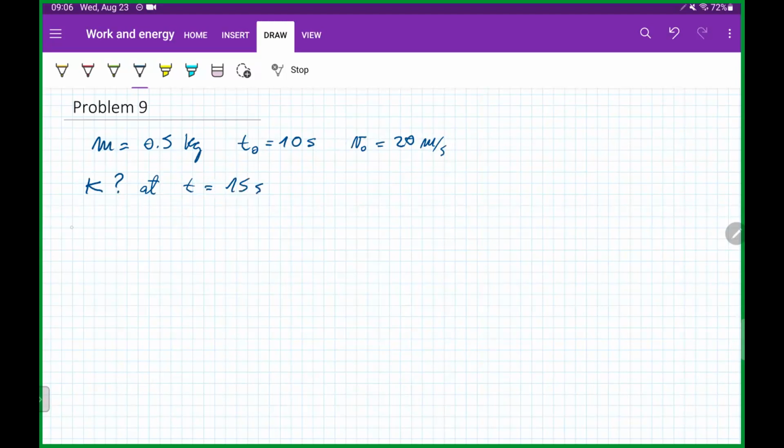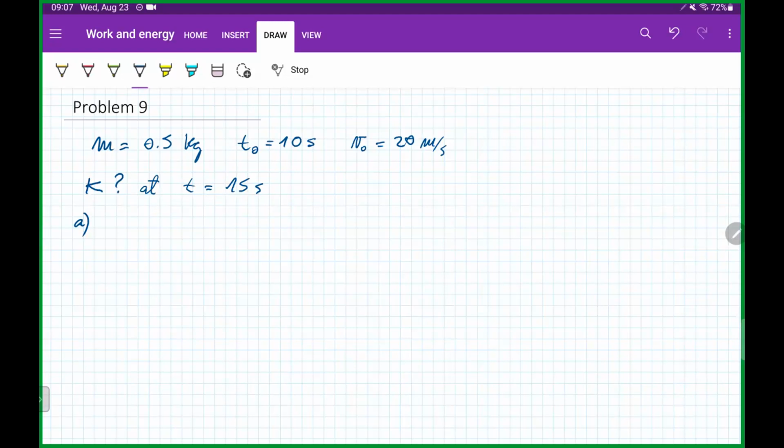So for question A, it moves with constant velocity. So if this thing is not changing the velocity at all, it will be still 20 meters per second after the mark 15 seconds. So just notice here that the initial time is 10 seconds. So actually the movement that we are analyzing here is happening in a 5-second time span, right?